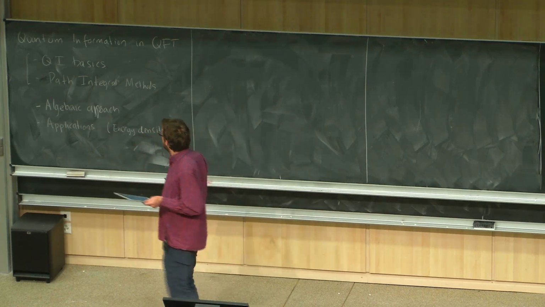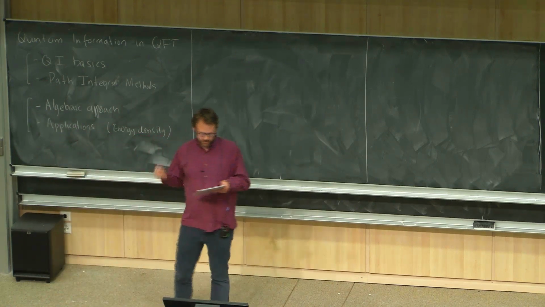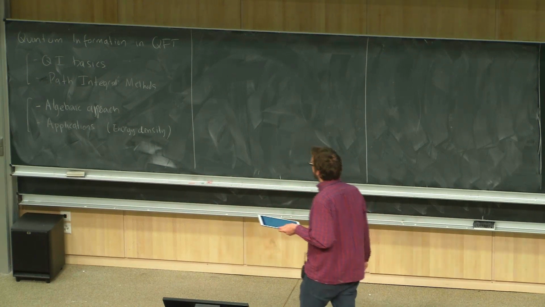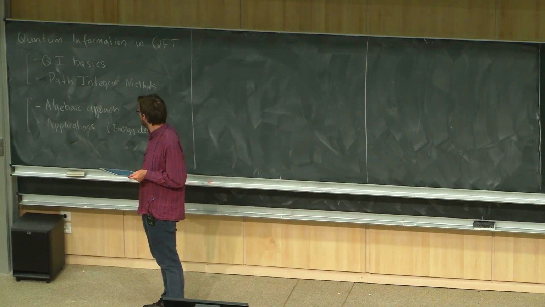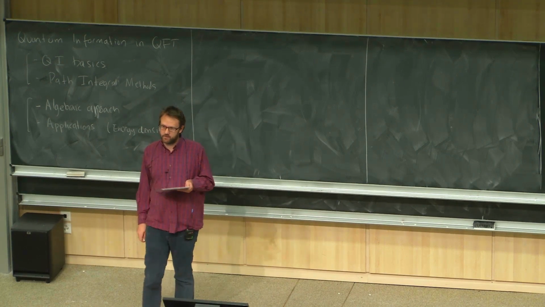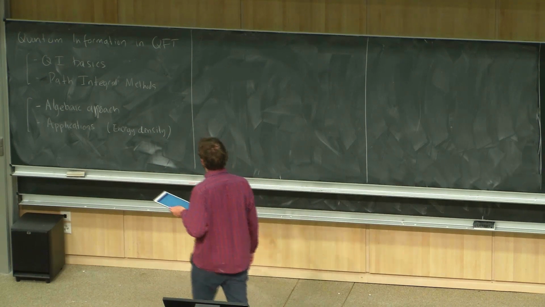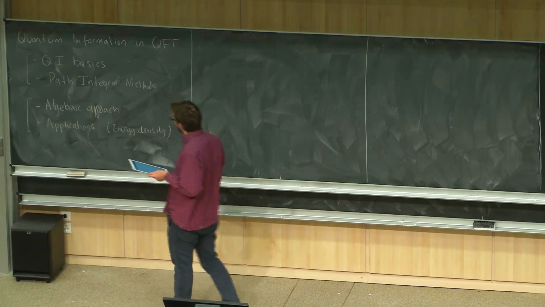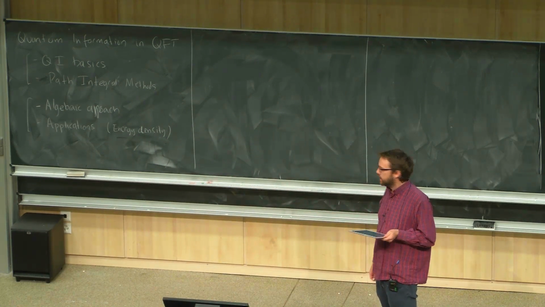And then I left the fun stuff for tomorrow so that I can sleep after the transatlantic flight and talk about algebraic methods for trying to understand quantum information in quantum field theory. And then at the end, I'll get to some applications with an eye towards trying to prove bounds on energy density in quantum field theory. Okay, so that's the plan.